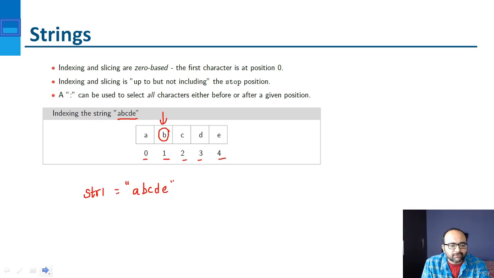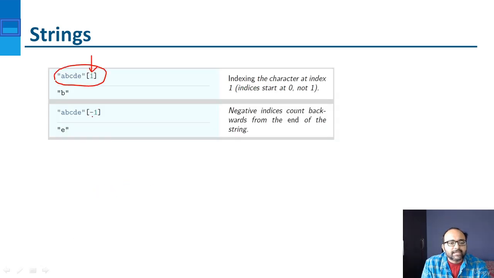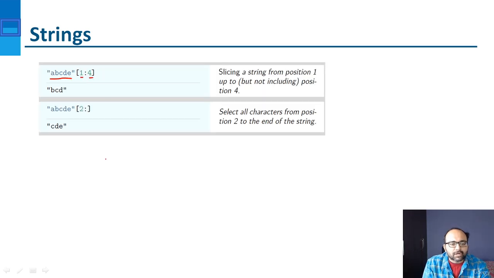B, right? So that will be displayed. And next, ABCD of -1, negative index always represents the last character, right? Then slicing 1:4.